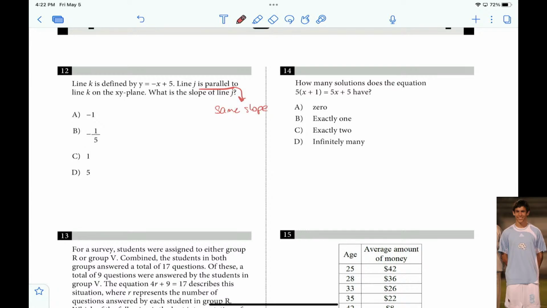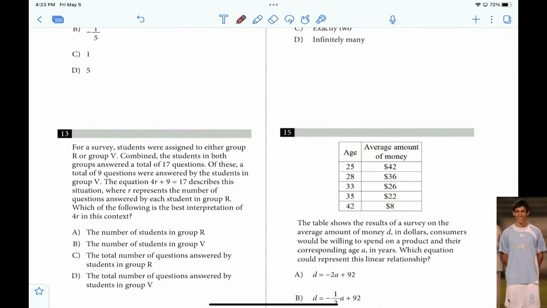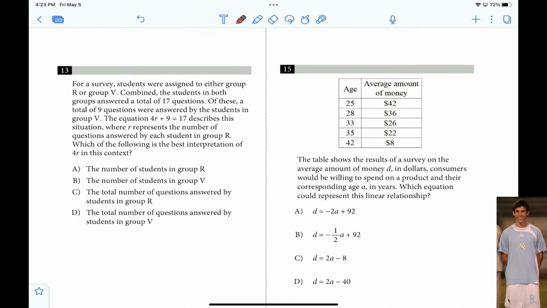Line J is parallel to line K on the xy plane. What is the slope of line J? Well, parallel lines have the same slope. So the slope of the line they gave us is the number in front of x. We have to imagine there's a 1 there, so it's -1. So it's the same. Cool. Those are the types of problems where we can save some of our time because there really isn't any work to do. It's just knowing definitions.